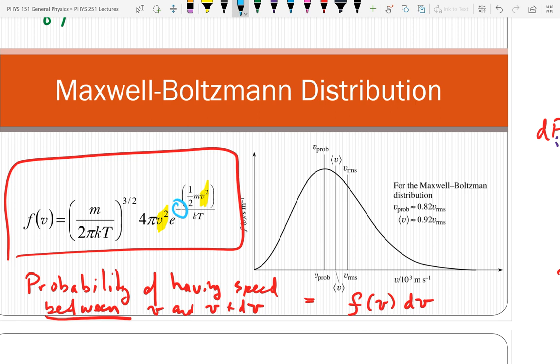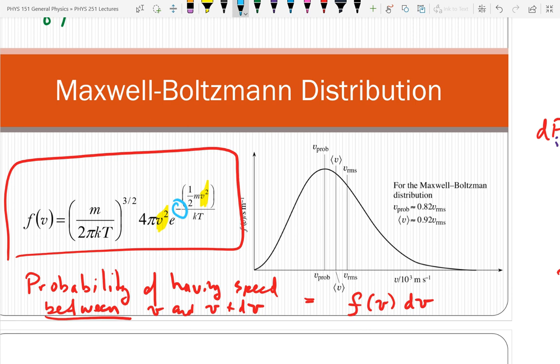Now I have to point out one more thing. Our understanding of nature tells us that nothing can have a speed exceeding the speed of light in vacuum. This here would not say 0 if you put, for the speed, 299,792,458 meters per second.